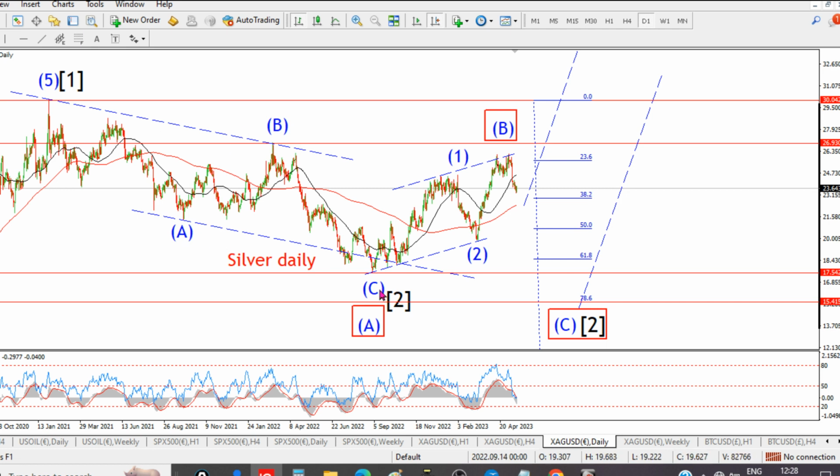So 3 waves down. Just forget the labeling here for the moment. Off the, let's say, January 2021 highs, we've got 3 waves down in an initial move. Now off the August lows last year, we've got 3 waves up. So we've got 3 waves down and 3 waves up.